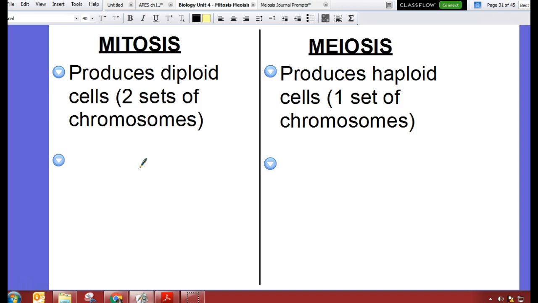Whereas meiosis makes haploid cells, and haploid cells only have 1 set of chromosomes.